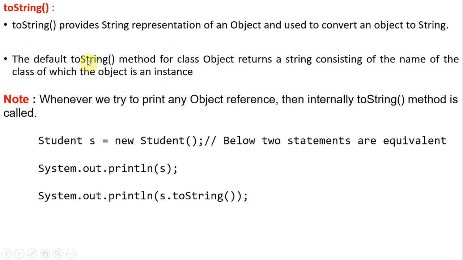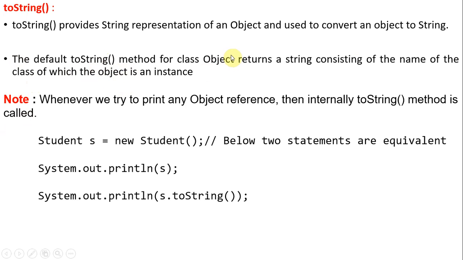So toString is a method of the Object class, and it will return the value in the string format. What is the value it returns? It is nothing but the class name of the object in the string format.